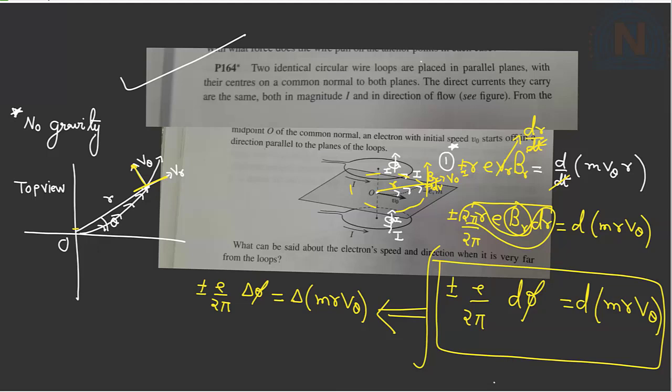And now my final statement is, by the time you will come out, you will go up to infinity, whatever path you follow. So once you will keep on, because he said very categorically, when he is very far from the loops. So when he is very far from the loop, he has indirectly covered up distances up to infinity on that plane. Once he is done with that, the total magnetic flux of both the rings through this intermediate plane should be zero.